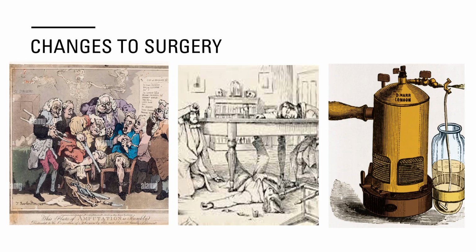Also, they would soak ligatures in it, and thread when they were sewing up wounds. And it's effective. Within 6 years, the death rate from surgery reduces from 46% down to 15%. So already Lister had huge success in reducing death rates with his first use of antiseptics.